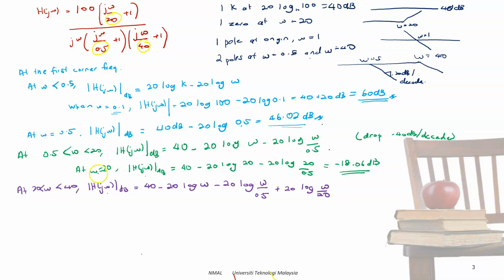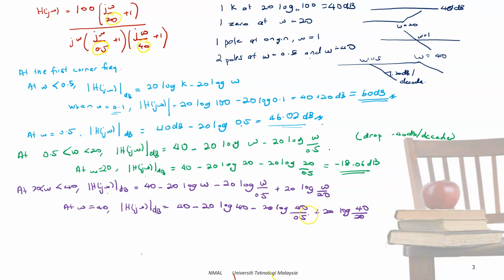We have already plotted at omega equal to 20, so now we plot at omega equal to 40. So we have |H(jω)| in dB is equal to 40 minus 20 log 40. We put in the value of 40 at omega here, replace that value, and then 20 log 40 divided by 0.5 plus 20 log 40 divided by 20.